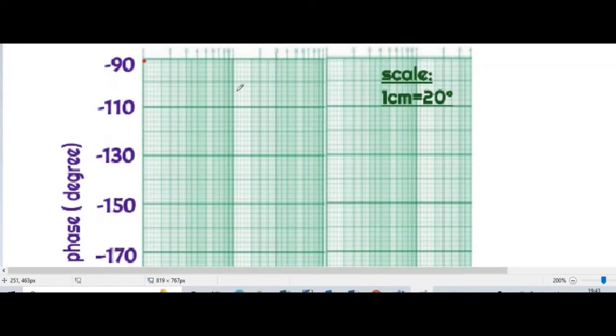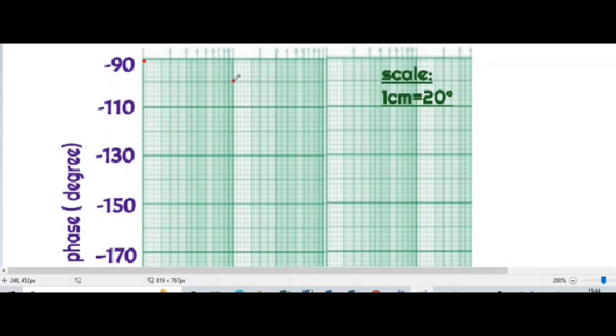So here is the point that is getting selected. Now the next frequency we will take is 1. So here the next block will start from the frequency 1, and its angle is minus 100 degree. So between minus 90 degree and minus 110 degree, the middle point is minus 100 degree.